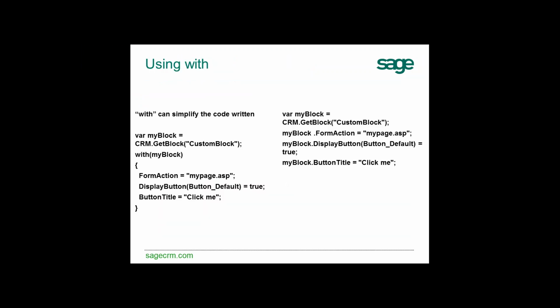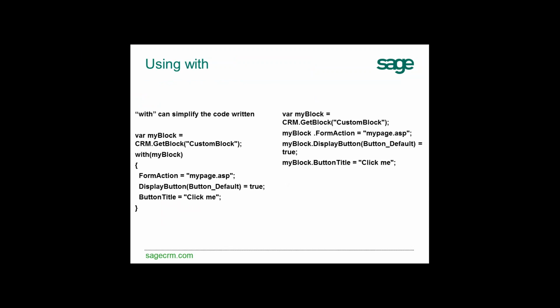Okay, so other things that we might find as we're looking at CRM is that we might see occasionally within code with statements, which are really about simplifying the type of behavior that you'll see. And with is, I don't think it saves much work really.